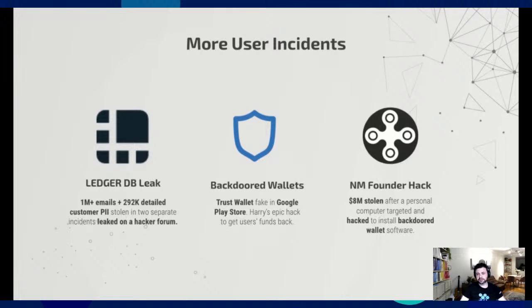Normally, attackers deploy wider nets to capture their victims, but in this case they went for a specific computer, they targeted it, they installed malware on it, they installed backdoored wallet software, and once the user was interacting with the chain, they were able to sweep all the funds.